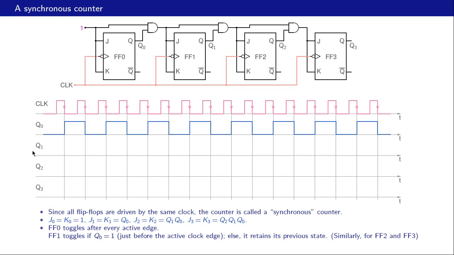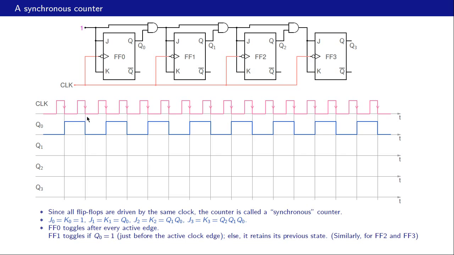Next, let us look at Q1. For Q1, J is equal to K, and that is equal to Q0. So we need to look at Q0 just before the active edge. Before the first active edge, Q0 is 0. That means we have J equal to K equal to 0. And so if Q1 was 0 here, it's going to continue to be 0 all the way up to here.